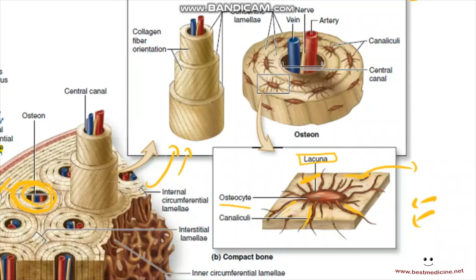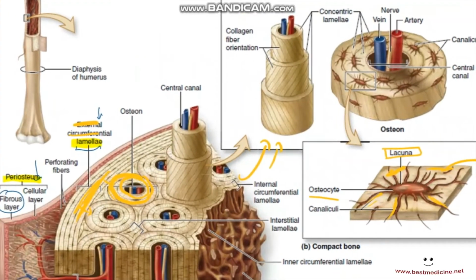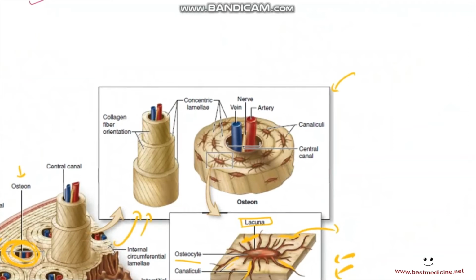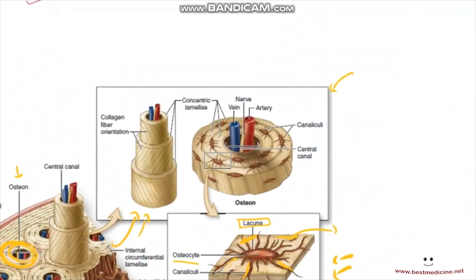Okay. So on the outside we had the external circumferential, and then as we moved inwards, we had the osteons that had the circular matrix that contained the osteocytes, and it was surrounding certain canals that carry nerves and blood vessels.